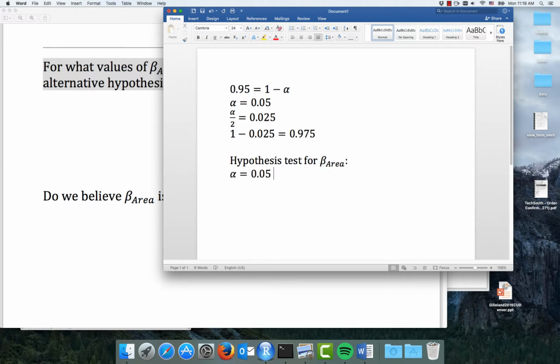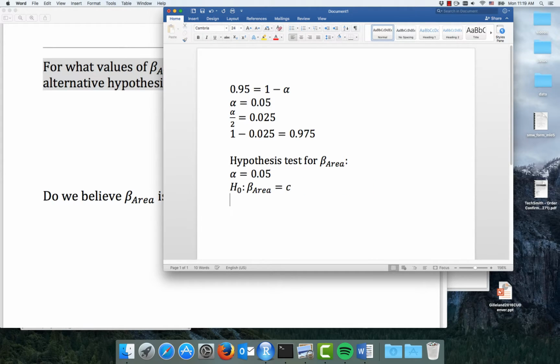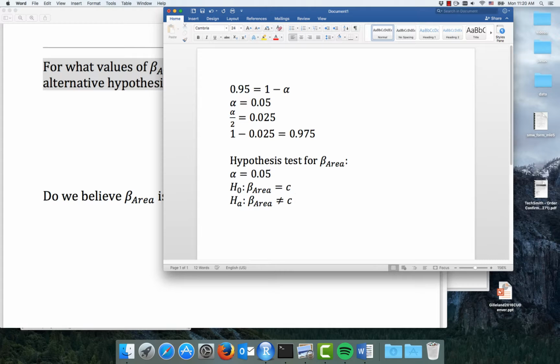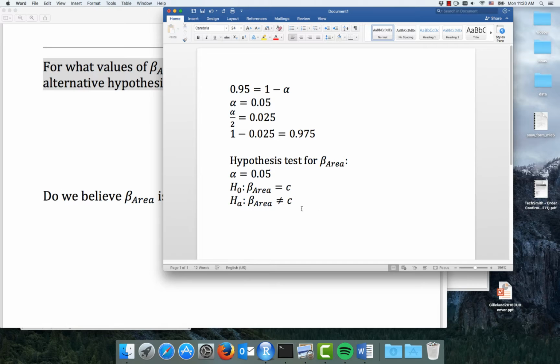So alpha is equal to 0.05, and my null hypothesis is that beta area equals C versus the alternative hypothesis that beta area is not equal to C, where C is just some number that we're choosing. And typically we choose C to equal 0, but in this case we want to know the values of beta area that would cause us to fail to conclude the alternative hypothesis.